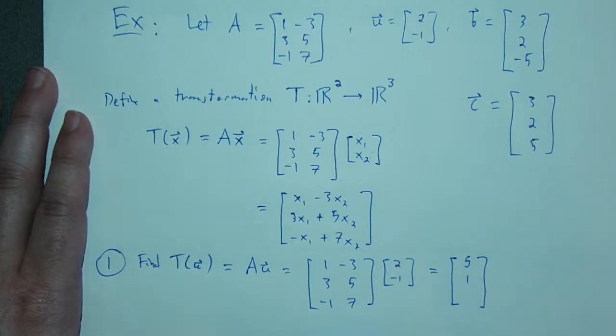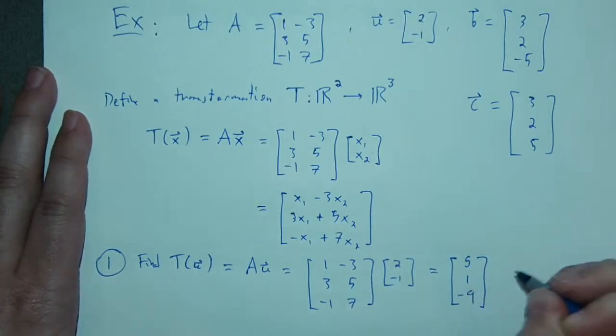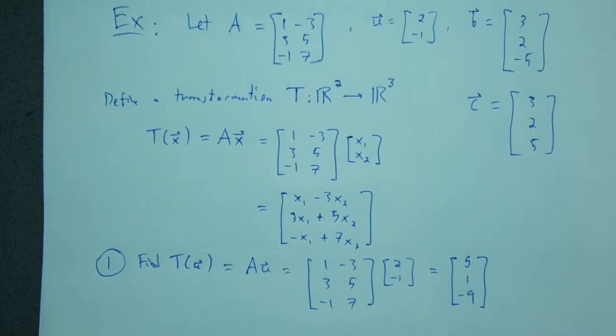And then lastly, I would get minus 2 plus 7 times minus 1. So that's minus 2 minus 7, so that's minus 9. Okay. All right, and so one way of saying this is that the image of u under this transformation T is the vector 5, 1, minus 9.